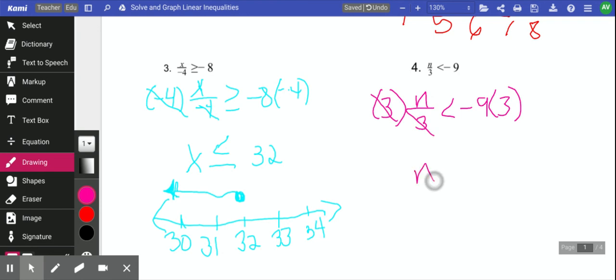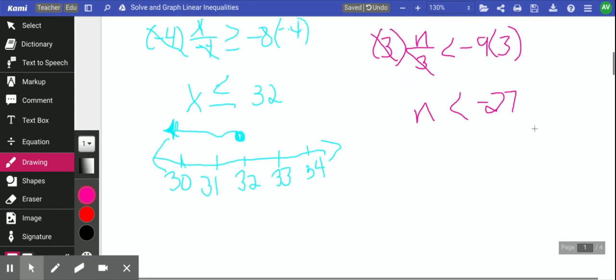These cancel. This is n. Over here, negative 9 times 3 is negative 27. Did we multiply or divide by a negative number? Do we need to flip the sign? No, we do not need to flip the sign. Even though our answer over here is negative, we did not multiply by a negative number. This is positive 3. So that means this does not get flipped.